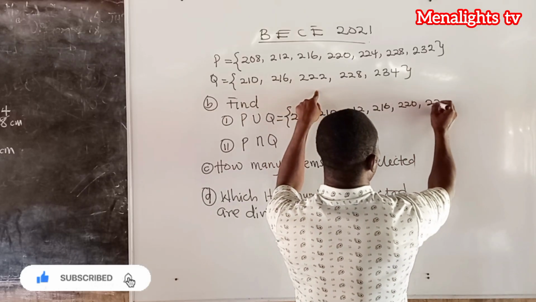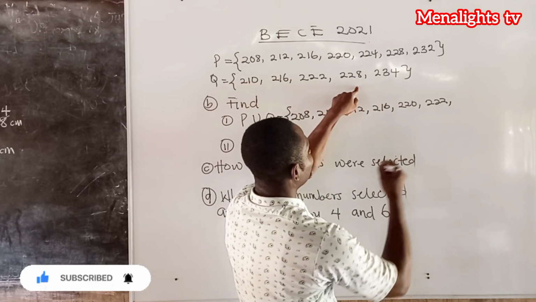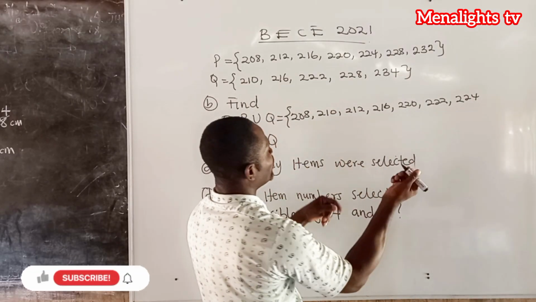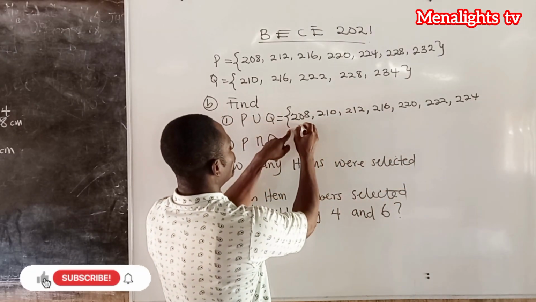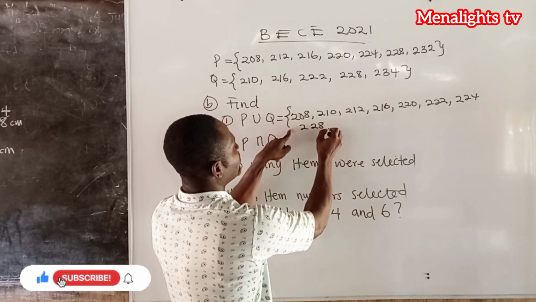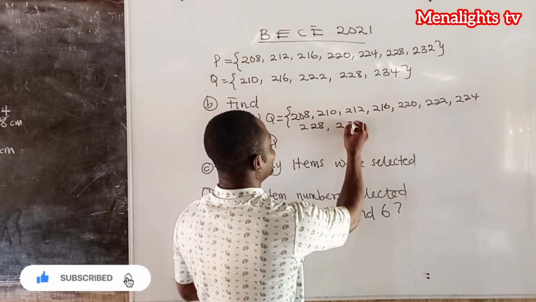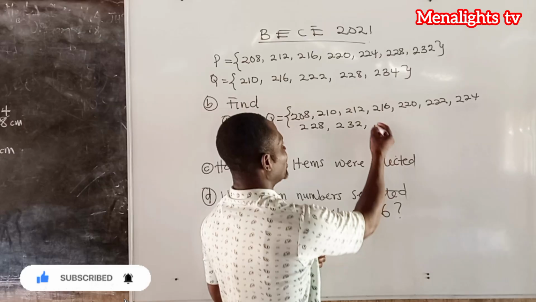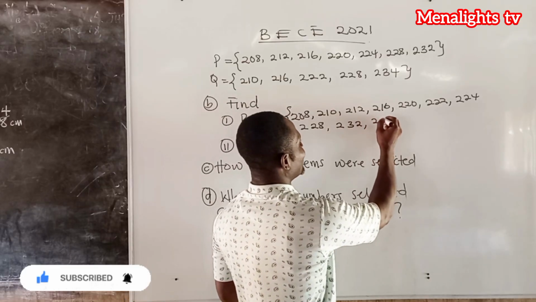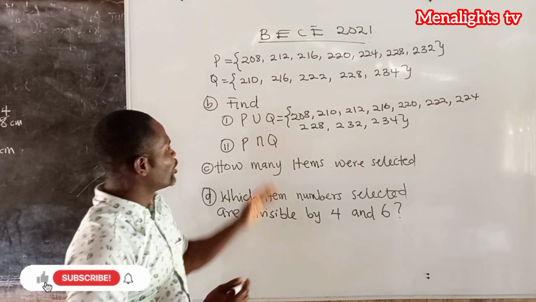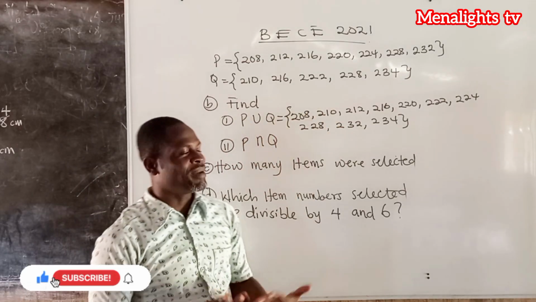Then 224. Then we also have 228, then 232, and the last one, 234. So these are the P union Q.